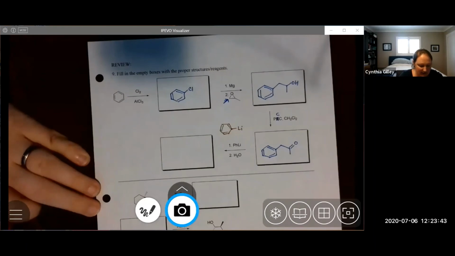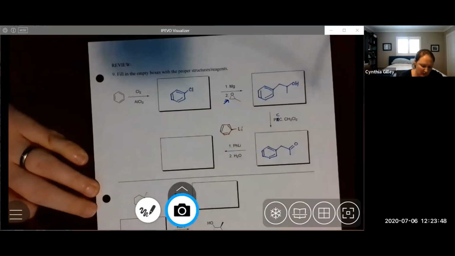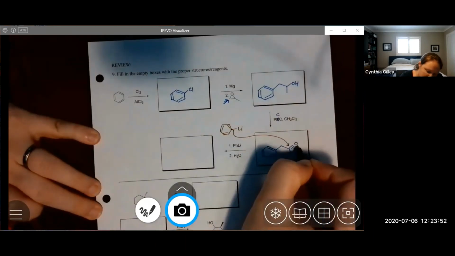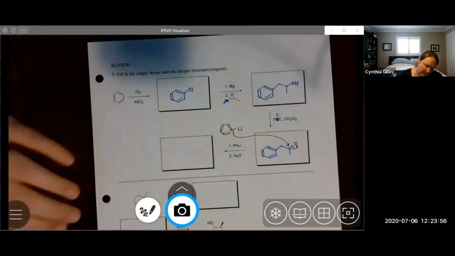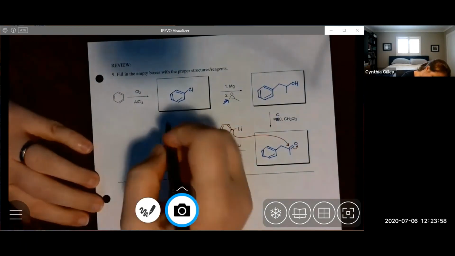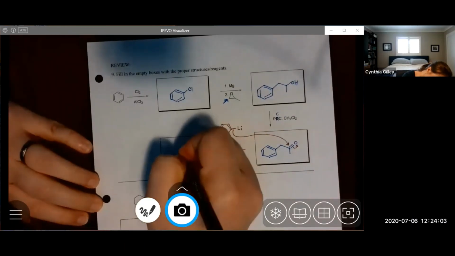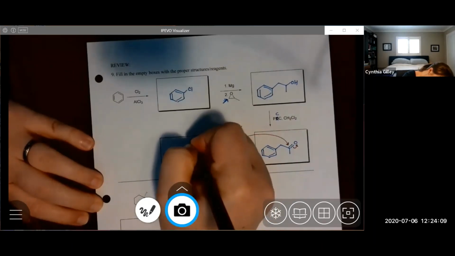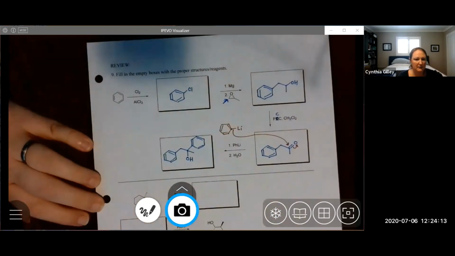So just basically think of alkyl lithiums as equivalent to a Grignard reagent, and it will just do what a Grignard reagent would do, which is attack that ketone. It will produce a tertiary alcohol.